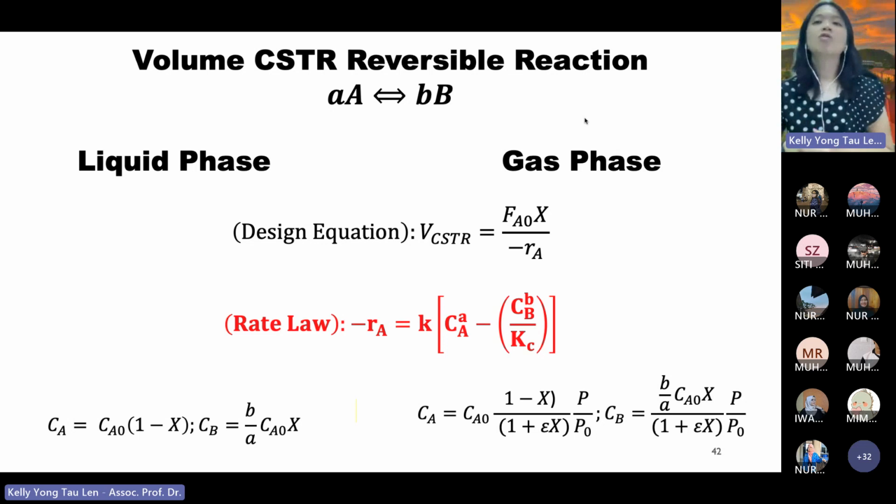So we will always design the reactor based on the concentration before it reaches equilibrium. For example, if the reaction takes 1 hour to achieve an equilibrium conversion of, let's say, 80%.